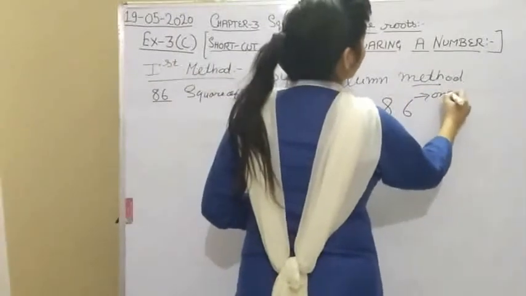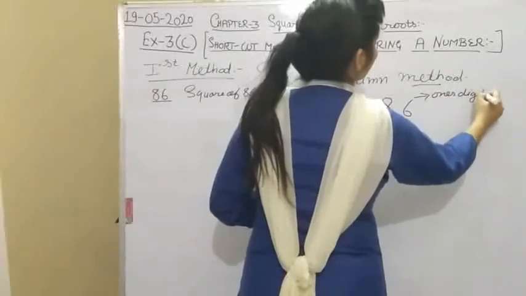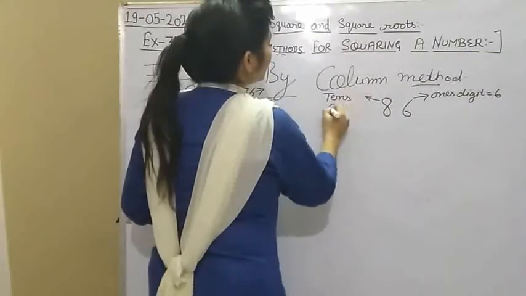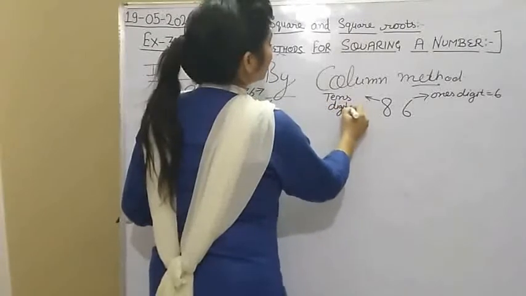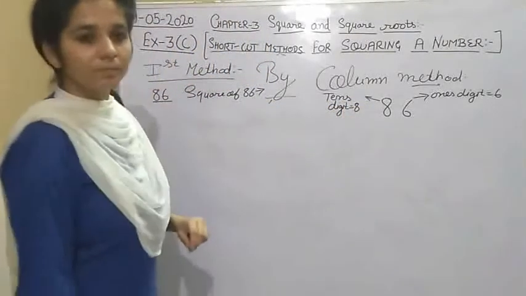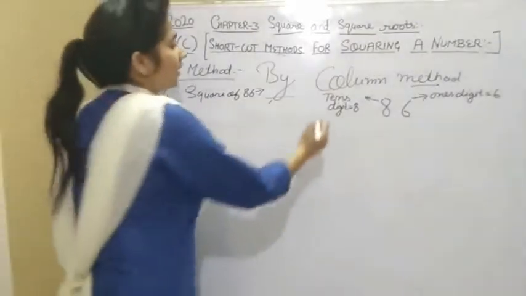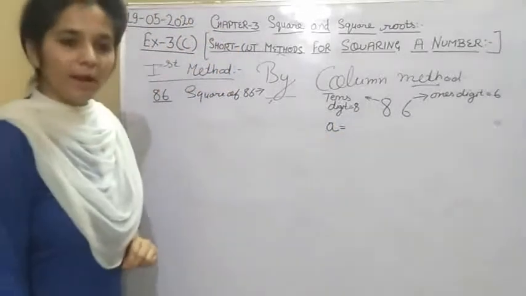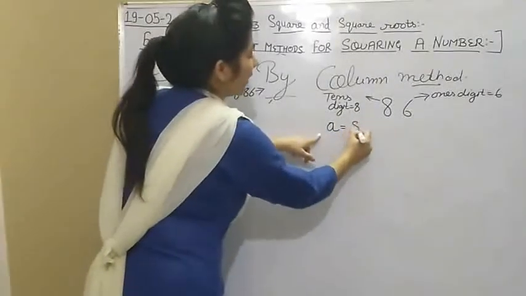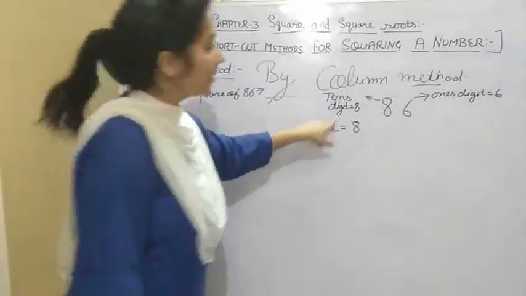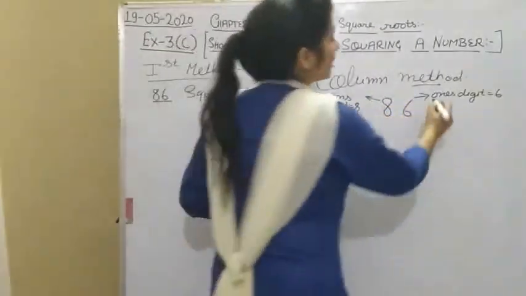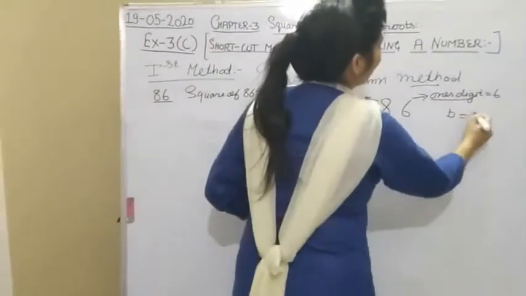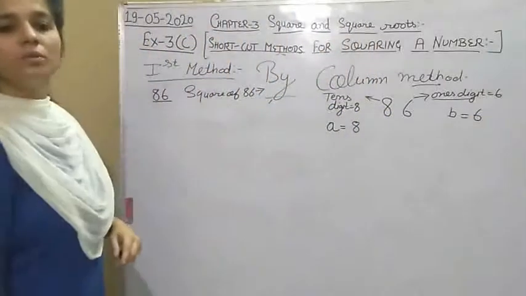Your ones digit is 6 and tens digit is 8. Give the name A to the tens digit, and the value of A is 8. Again, give the name B to the ones digit, and the value of B is equal to 6.